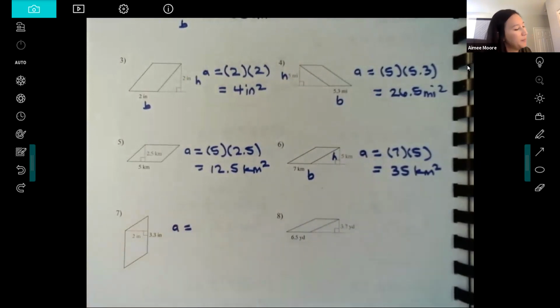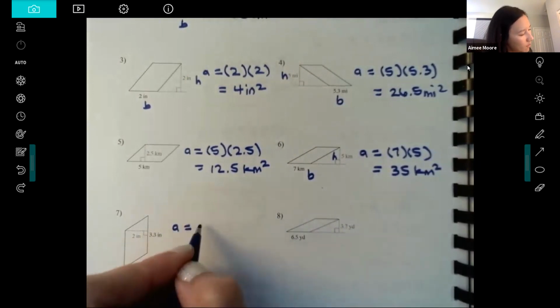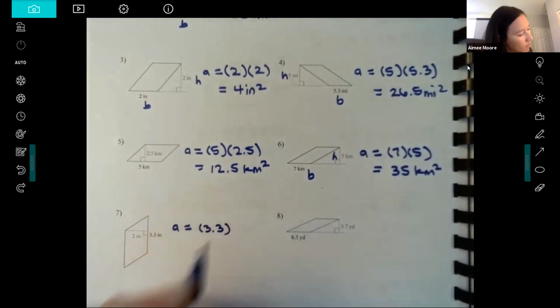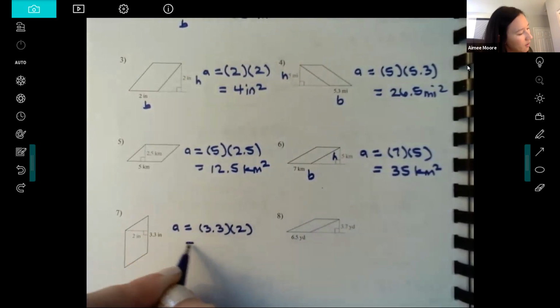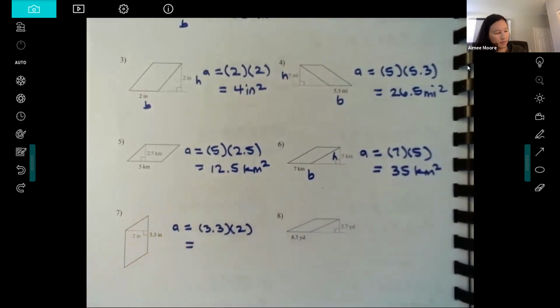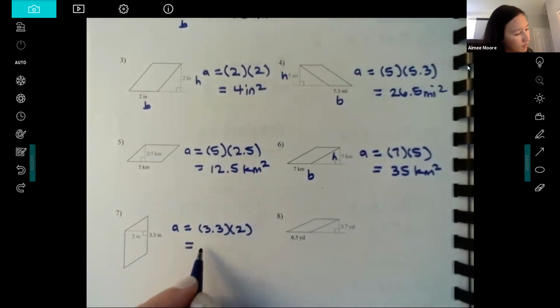Katie, what would 7 be? 3.3 times 2. You good? Oh, you want to solve it too? Sure. Okay. 6.6.